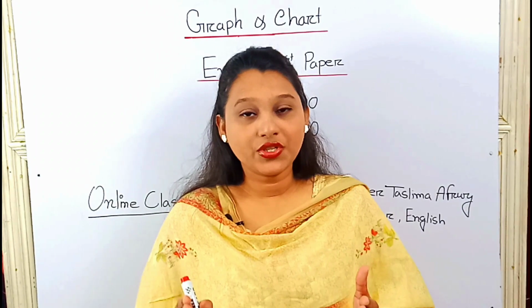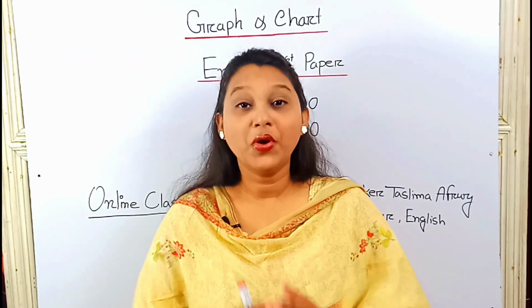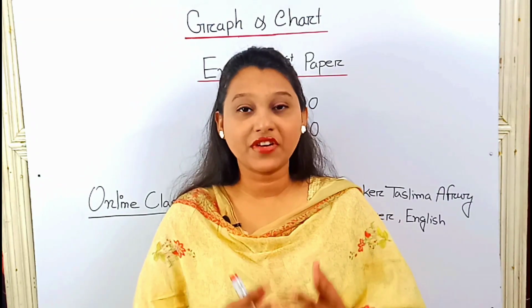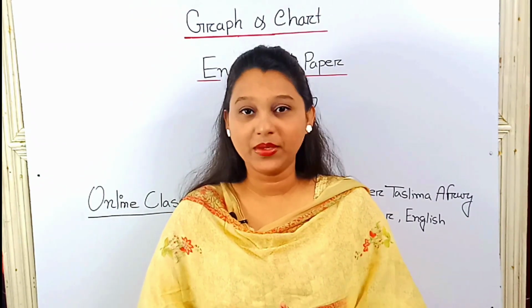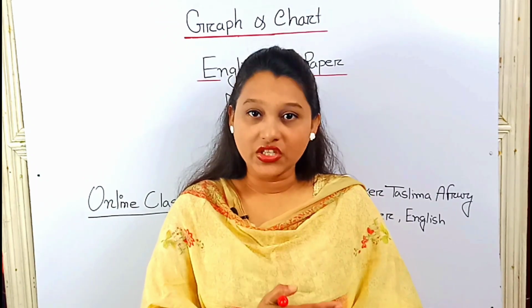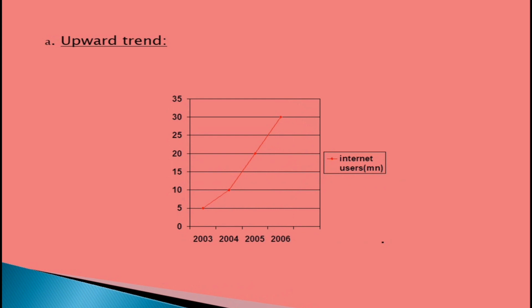I'm sure, dear students, now the writing format is very clear to you. Now we'll talk about different vocabularies which will help you to describe this topic, graph or chart. Using vocabulary is important for every writer.